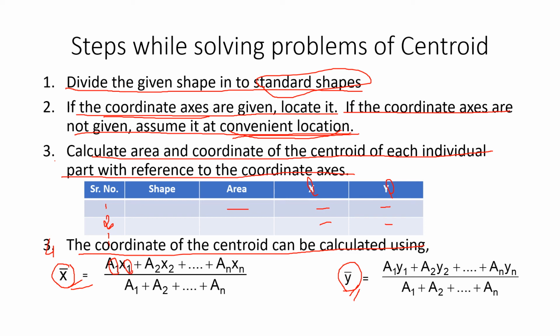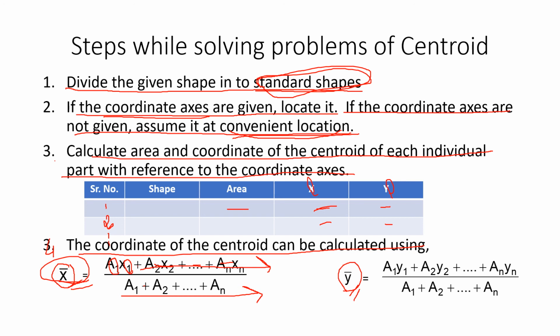into x1. x1 stands for the location of CG of the first shape, plus A2 x2 for the second shape, third, fourth, and so on, however many standard shapes you have divided into. All these terms will come here, divided by the addition of all the areas. This numerator upon denominator will give you the value of x bar, that is the location of CG of the given shape with respect to the y axis.